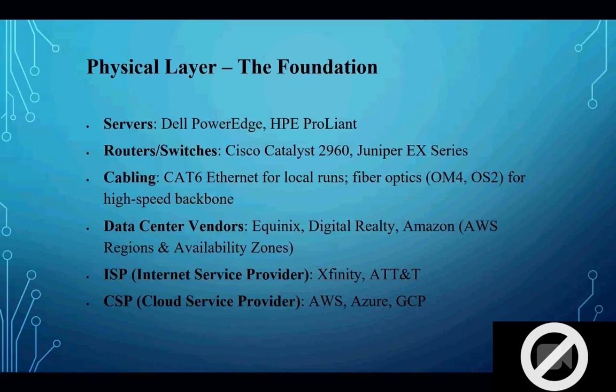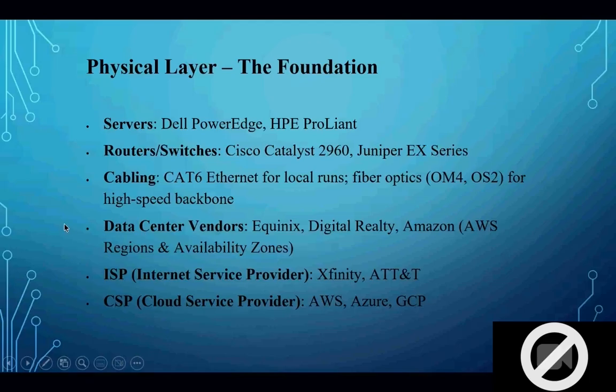And the data center, this is the most important thing, is a specialized facility that houses a large number of servers, storage devices, and networking equipment. I didn't put it on this slide, but when we talk about the physical layer, especially in a data center, all of this is inside the data center.